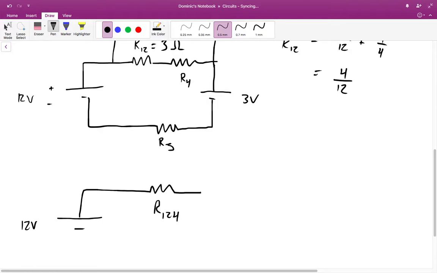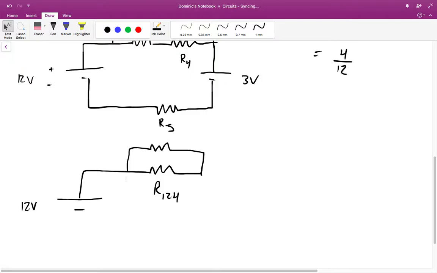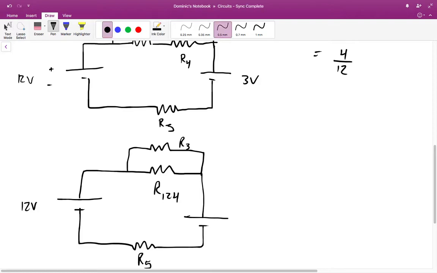And then in parallel with that one, we still have our R3 resistor. This is R3, and then from here we've got our 3-volt battery, and then we have R5 down below. This is R5.